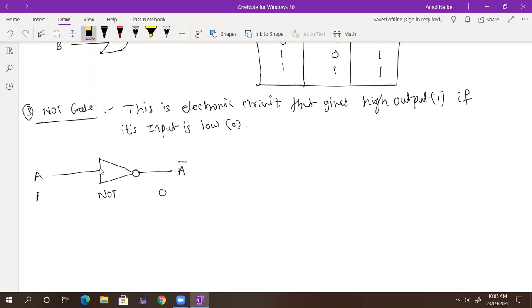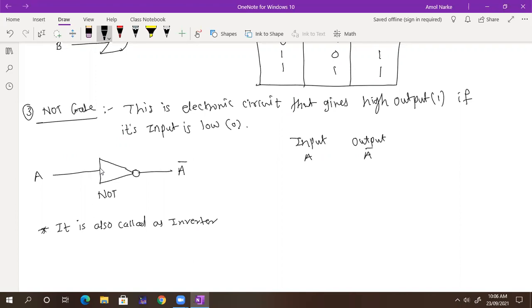So that is why the NOT gate is also called an inverter. You can write it is also called inverter. And the table is very simple. If my input is A, my output you can call A bar.